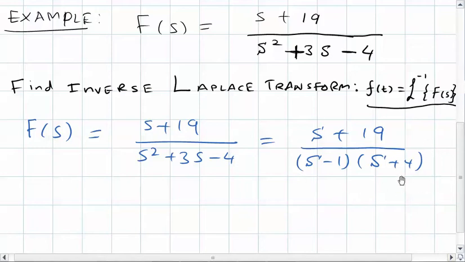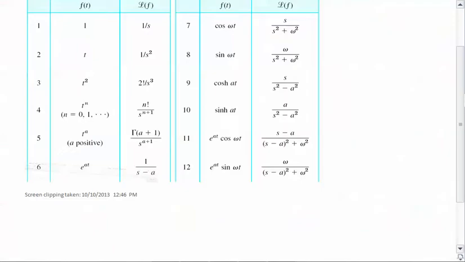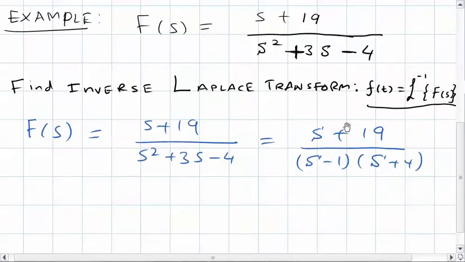But if you look at this and look at your table, there is nothing that looks like it here, except that if you look at number 6, if I can factor this statement out, then I may be able to find out what the inverse Laplace transform is. So let's look at whether we can do that.